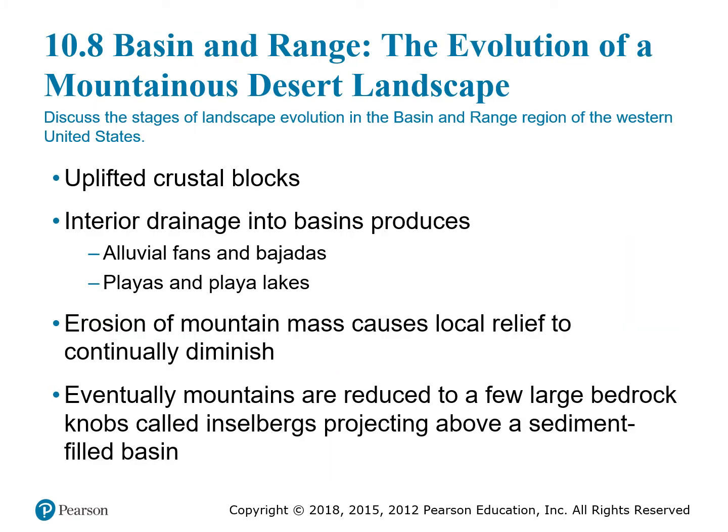So the Basin and Range province, which is an area out west, is essentially the entire state of Nevada. This area of the western United States consists of uplifted crustal blocks as a result of tension. So the entire area there is getting spread or pulled apart.